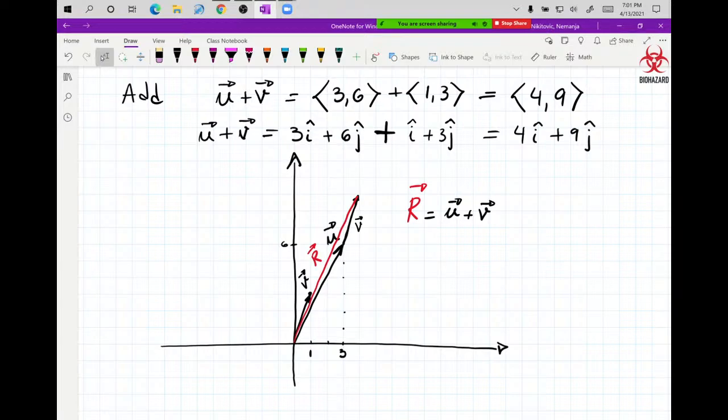So what is the deal over here? If you take a look at this point, it's going to be 4, 9. Is it? Well, here's where 4 is. And if you go all the way up, you're going to hit that point. And here is where 9 is. And if you go all the way out, you hit the point. So, yeah, 4, 9.